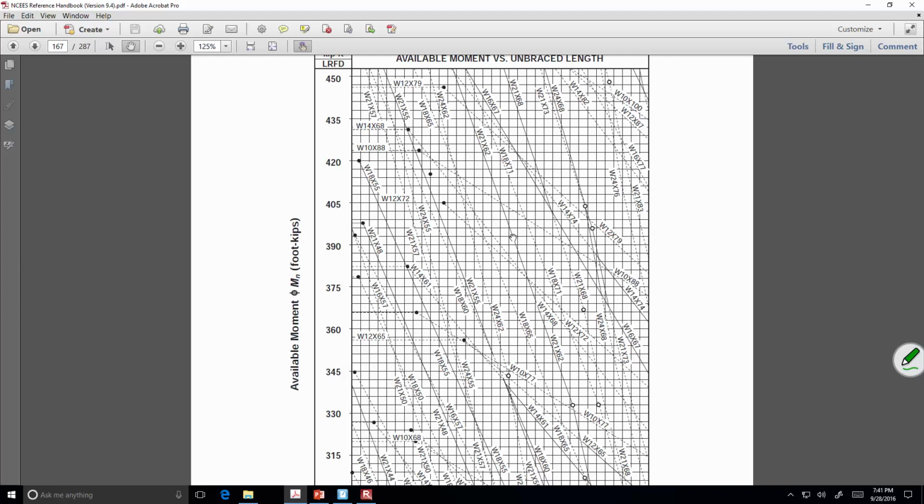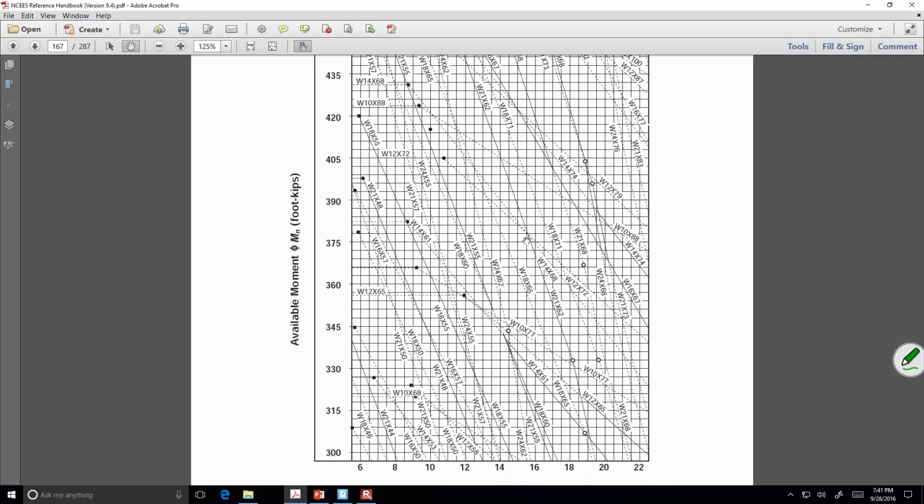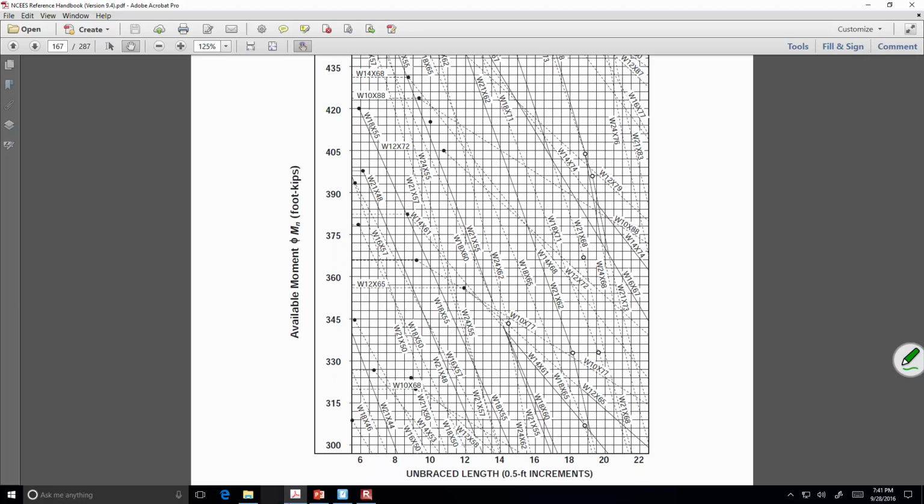The reason why I wanted to go back to this curve, if you remember, we're dealing with a W24 by 55. If you take that 12 feet and you trace it all the way up, was it a W24 by 55? We're about right here. Does everybody see that?